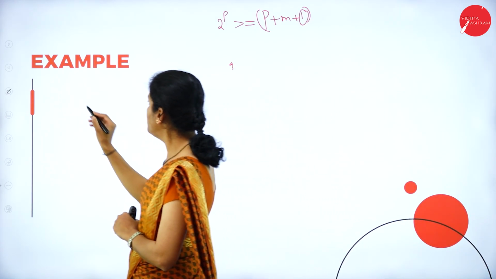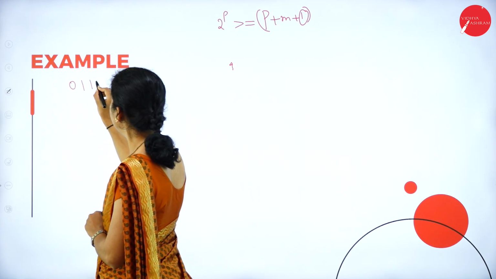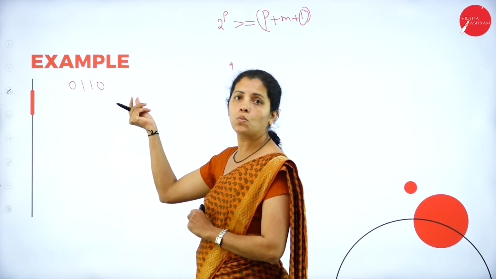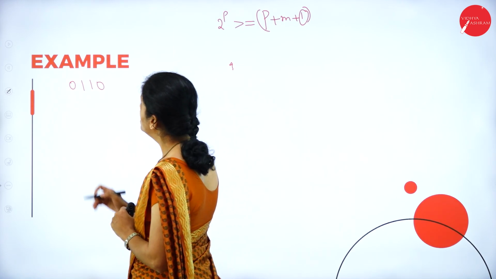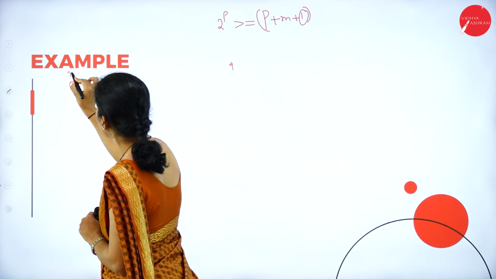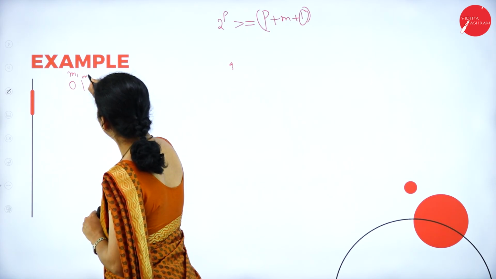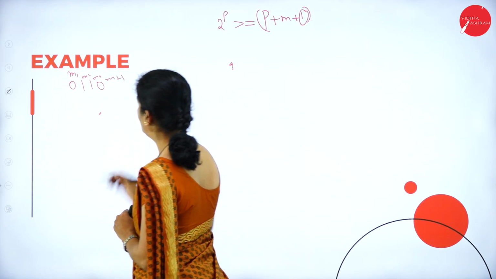Okay, fine. Now, let me consider the example here. Think that I have the data bits 0, 1, 1, 0. I'll consider this my M1, this my M2, this my M3, and this my M4.